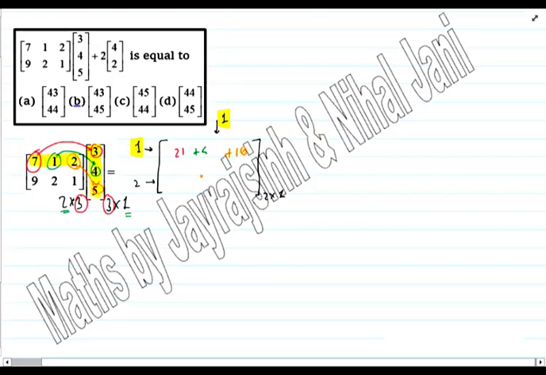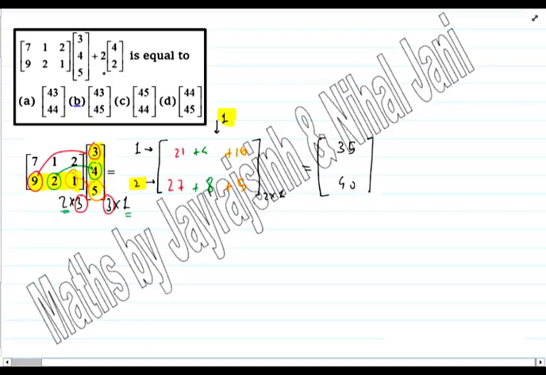Okay, the next element, which is in second row, first column, will be obtained by multiplying 9 with 3, giving us 27, 2 4s are 8, and 1 5s are 5. So the resultant matrix will be 35 and 40.